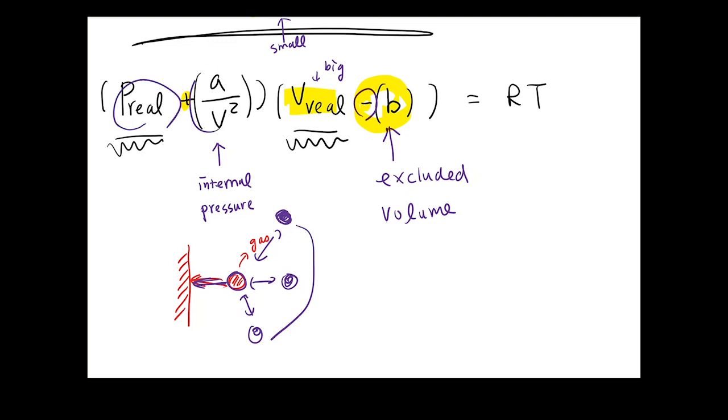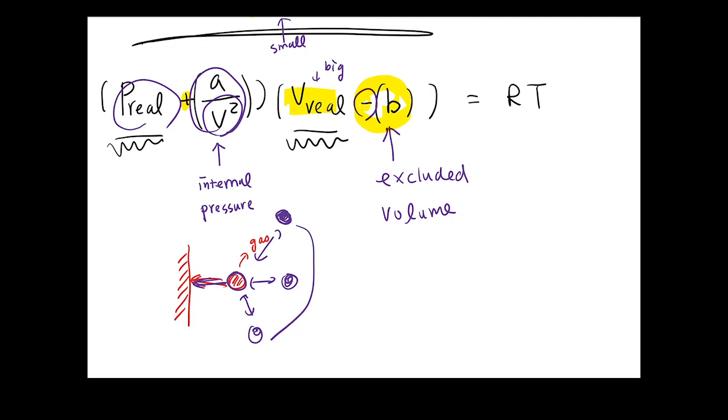Therefore, I need to add in a correction term to compensate for that. a is a coefficient van der Waals created. But you will also notice that there's a 1 over V squared. Why do we have 1 over V squared here? It's simply because this interaction highly depends on the concentration, or the density, of molecules within the container.